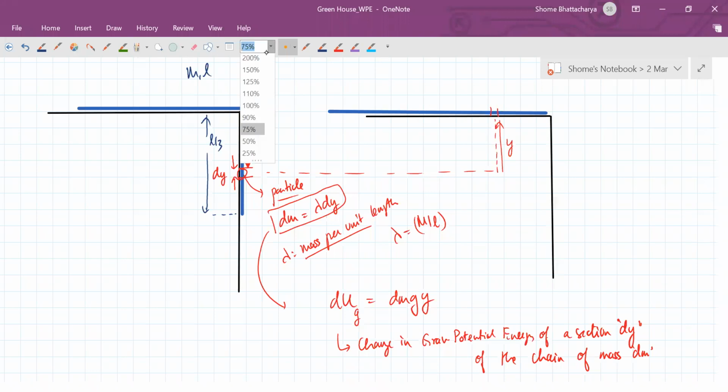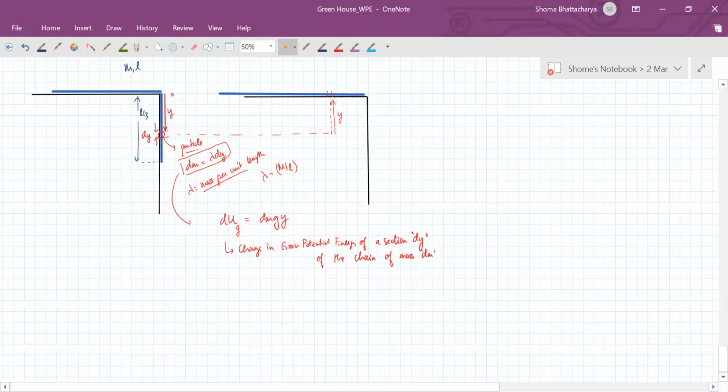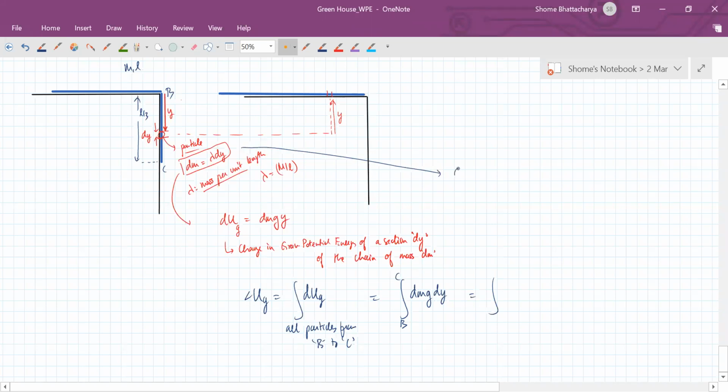So now the total change in potential energy, delta u, will be the integration of du for all particles from B to C. So that is the integration of dm g y from B to C. Now dm from here is m by l dy.